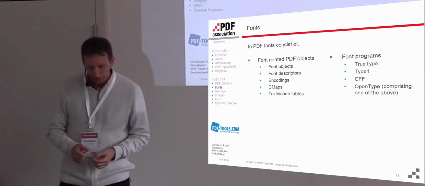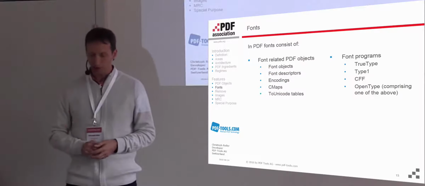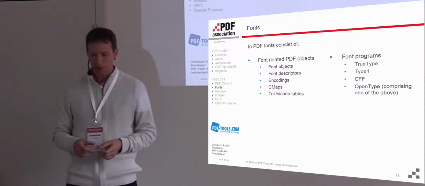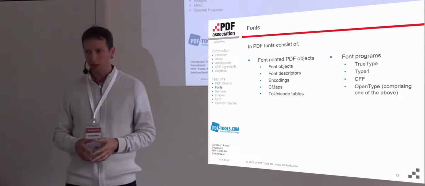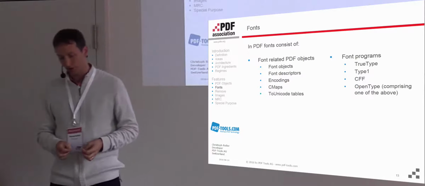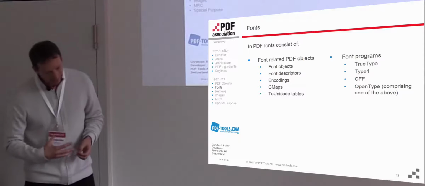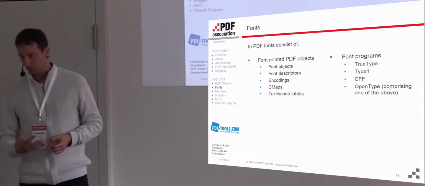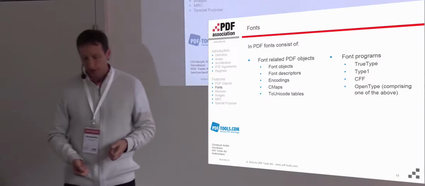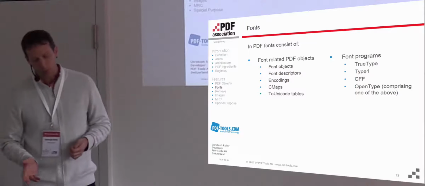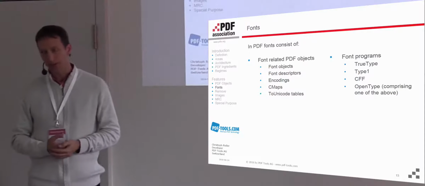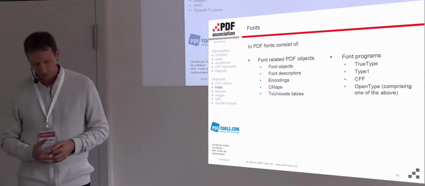On the one hand, we have font-related objects in the PDF, like font objects, font descriptors, encodings, CMaps, and ToUnicode tables. And on the other hand, we have the actual font programs, the binary data: TrueType font programs, Type 1, CFF, or OpenType font programs.